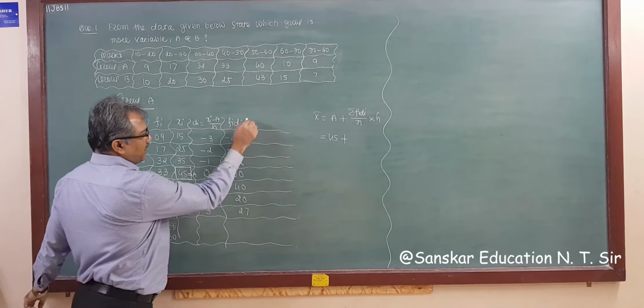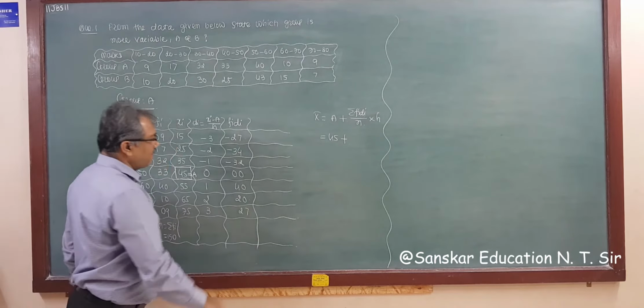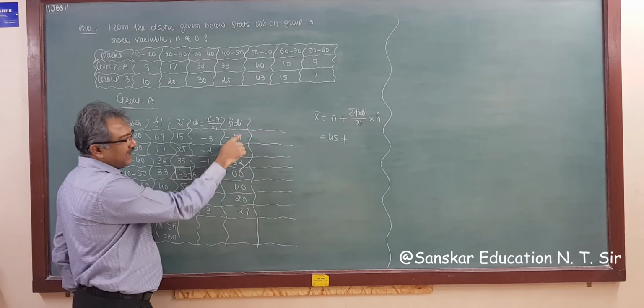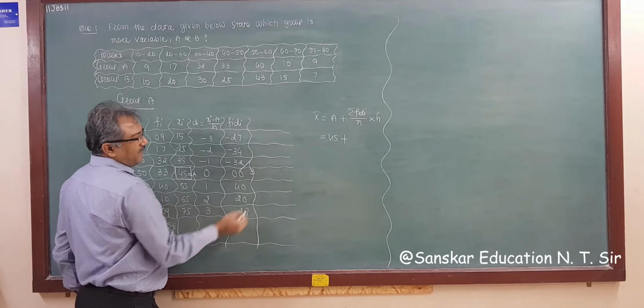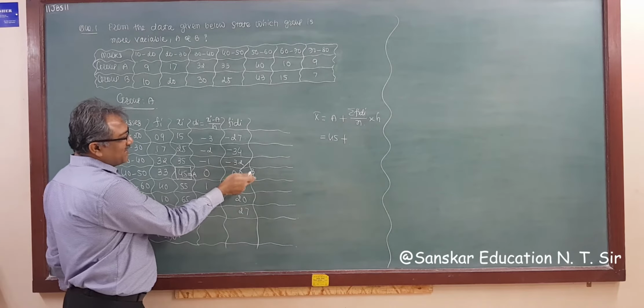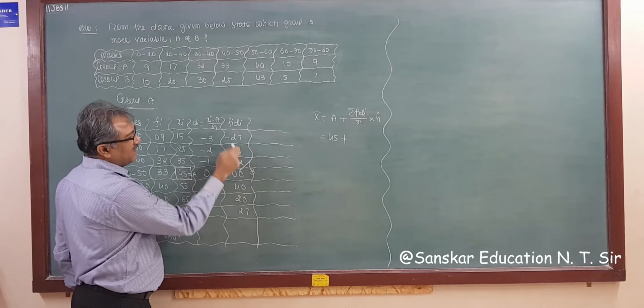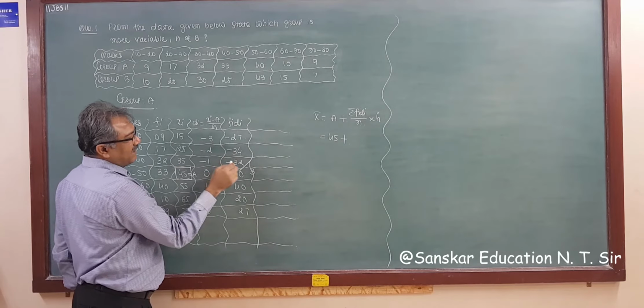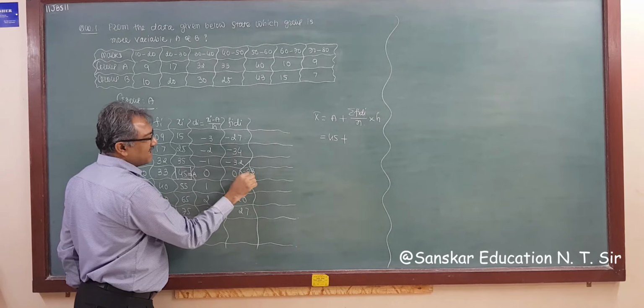So what we have to do is sum these observations. So 7 plus 4, 11, 33. So 30, not 33. 11 plus 2 is 13. 6, 7, 30. 3, 3, 6, 3, 9. So this is minus 93.